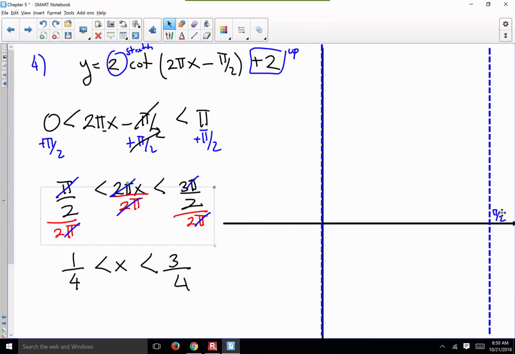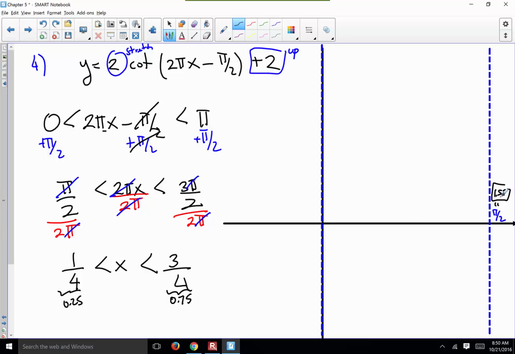Well, I need to know approximately how much pi over 2 is. What is the decimal value of pi over 2? 1.57, right? So I need to move to 0.25. Wow, that's really small. And 0.75. Comparing 1.57 to 0.75, I need to go less than about half of it. Yeah, almost half the distance.